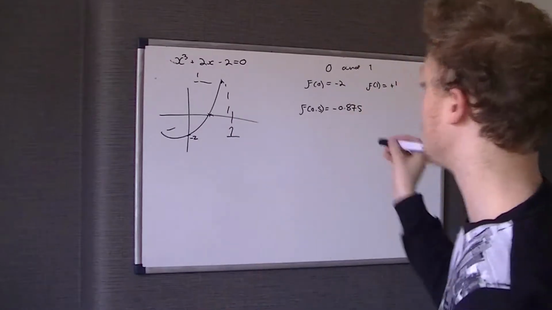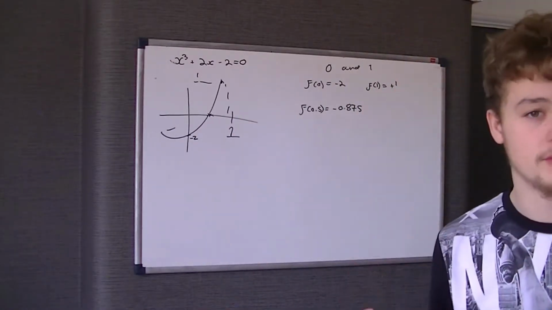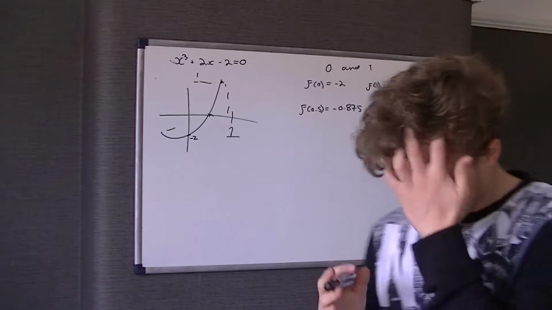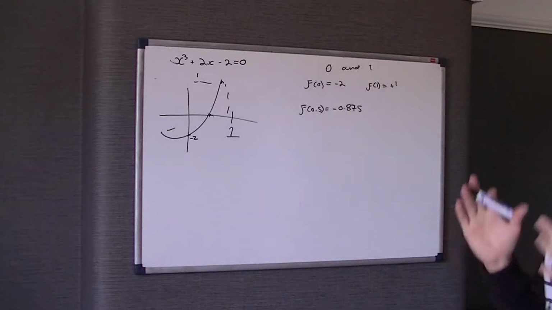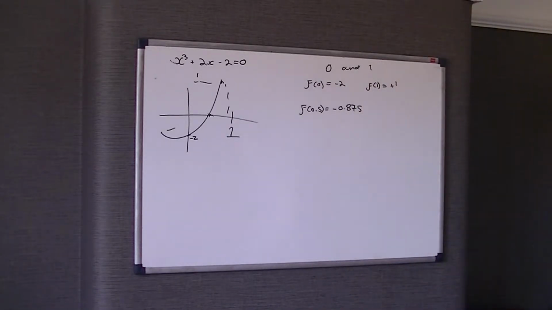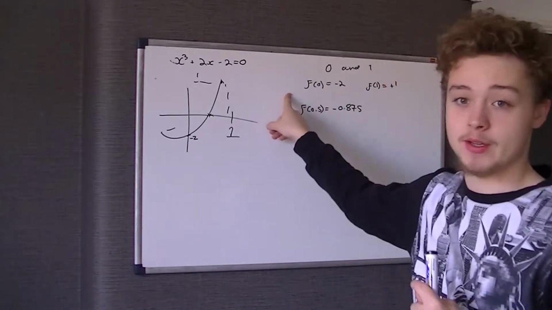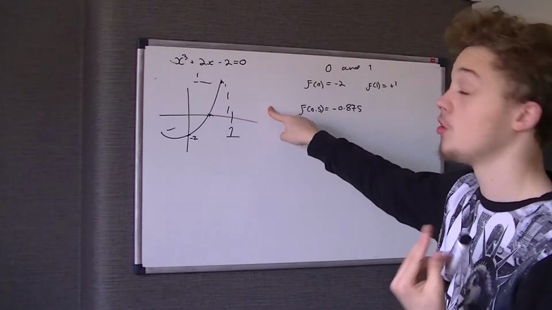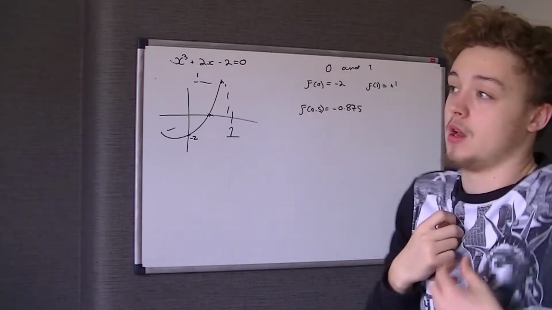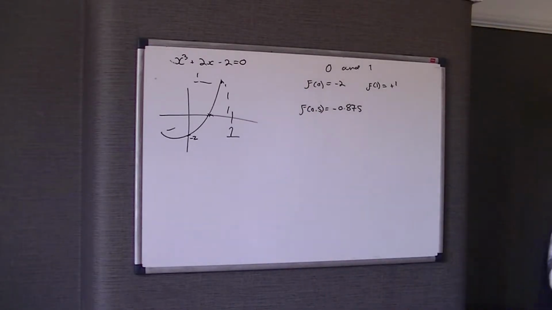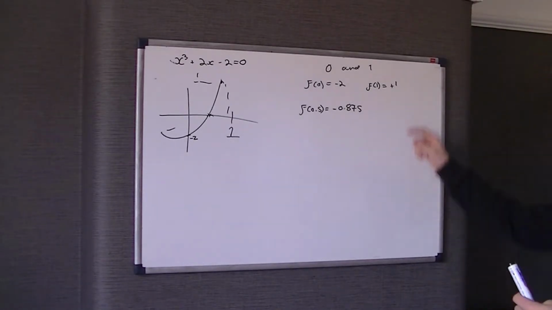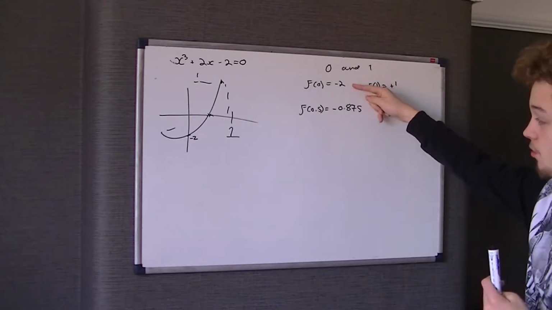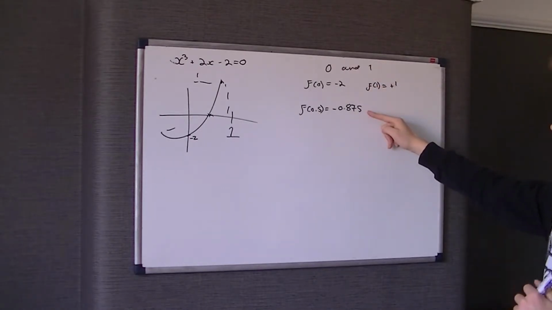So where do we go from here? What do we halve? Do we halve between 0 and 0.5 or 0.5 and 1? Well, you have to look where the change of sign occurred. If we were to continue halving the range between 0 and 0.5, so f of 0.25 and f of 0.125, or whatever method we would continue to use, we'd continue getting negative numbers because there's not been a change of sign between 0 and 0.5.